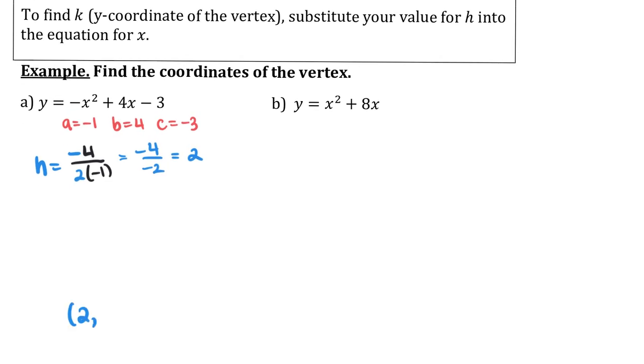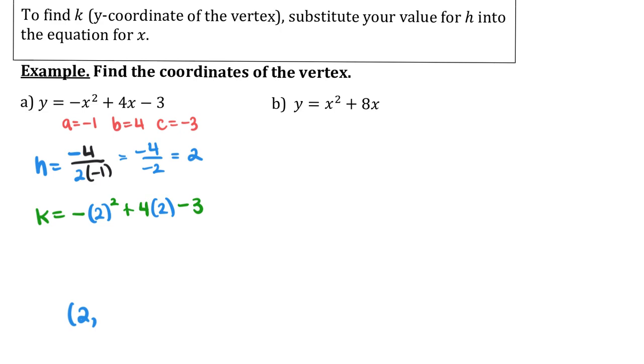Now I want to find the y value for the function, or the k value. I'm going to write k equals; some people like to write y equals here, and I'm fine with that too. We're going to plug in very carefully. Where the x is, we plug in 2. The 2 goes in parentheses, but not the negative. Negative (2) squared plus 4x minus 3.